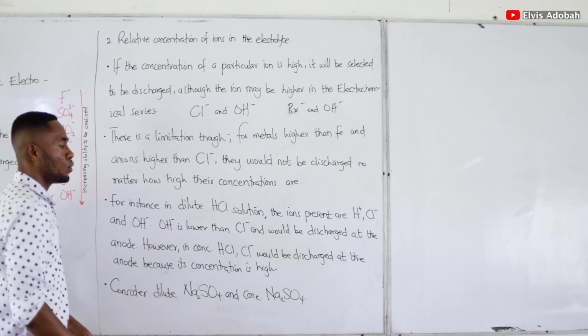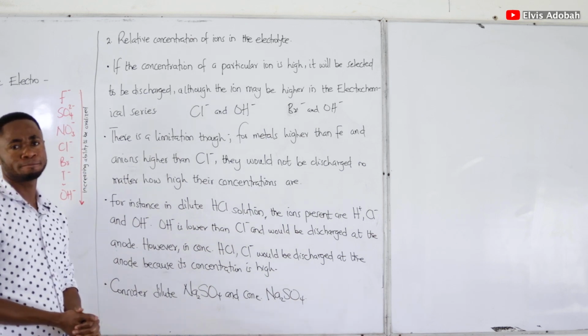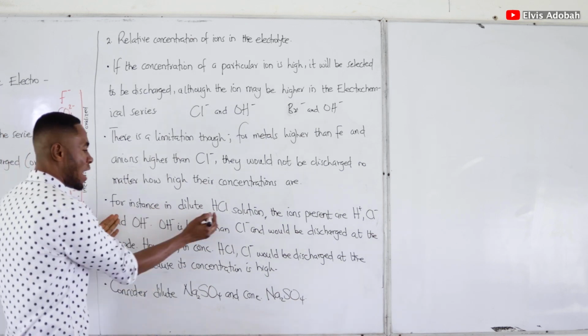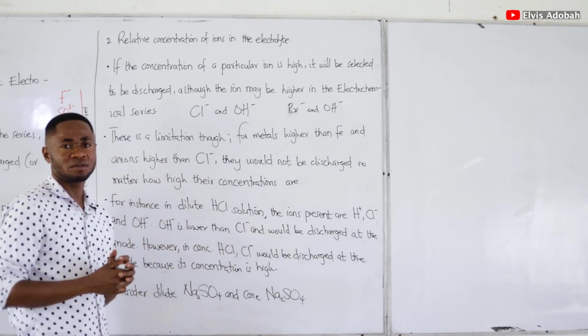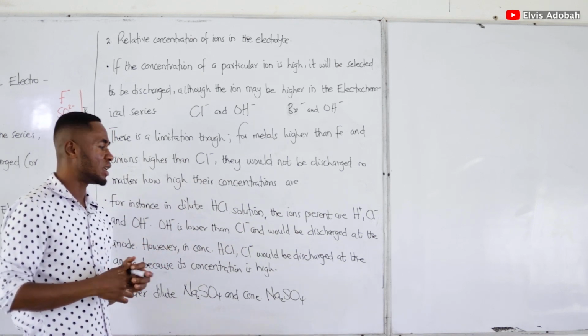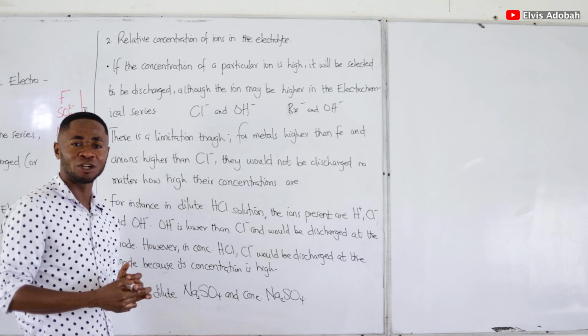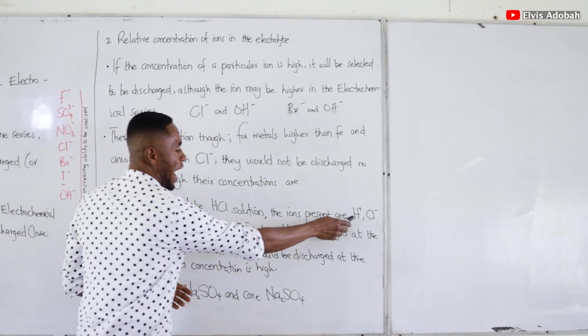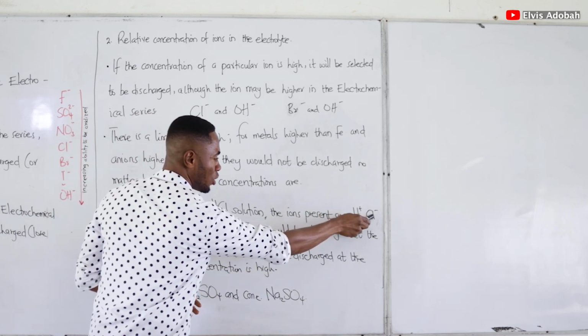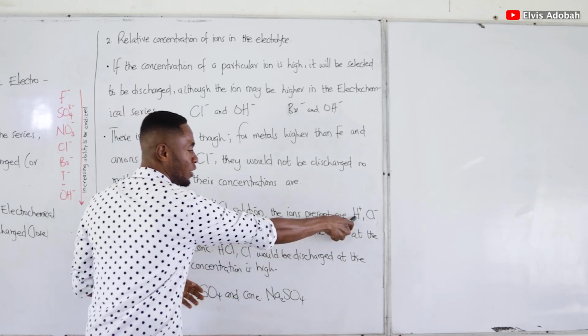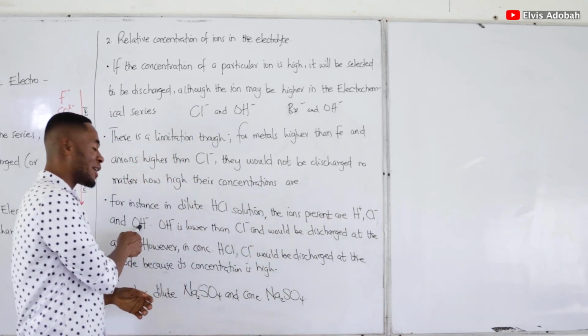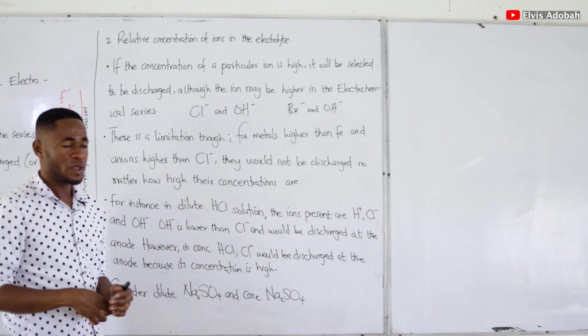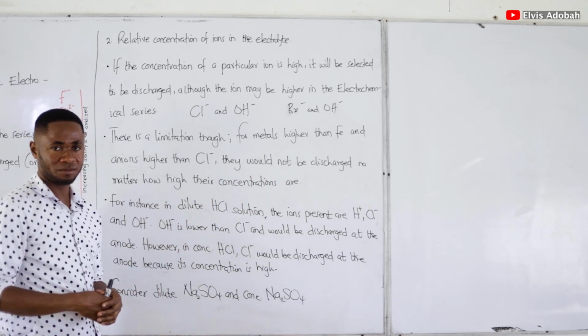So, we have a question over here. We have HCl solution. The ions present in HCl solution are hydrogen ions and chloride ions from the HCl, another hydrogen ions from the water, then hydroxyl ions from the water. These are the ions present.